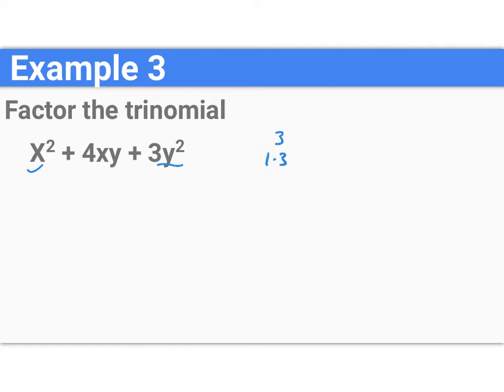Well, you only have 1 and 3. So watch how we do this. We get x plus 1y times x plus 3y. And if you multiply that out, you should get the trinomial that you see.